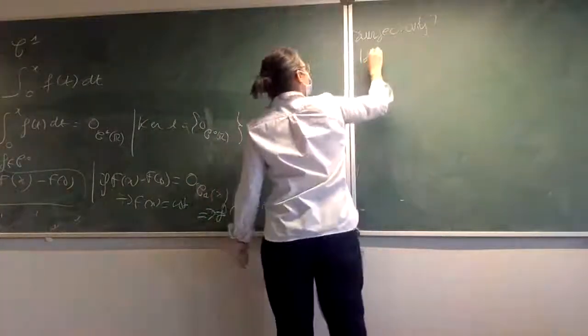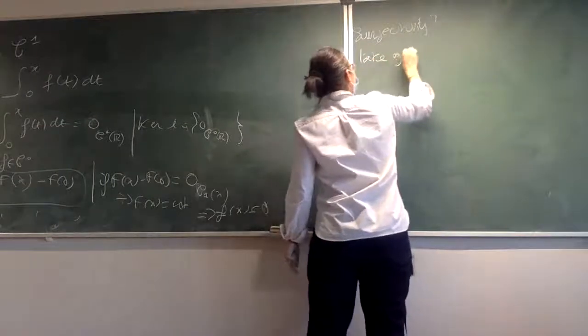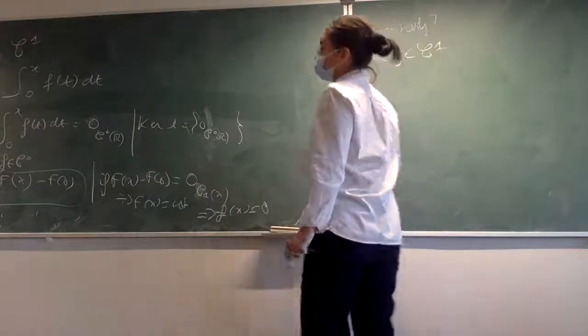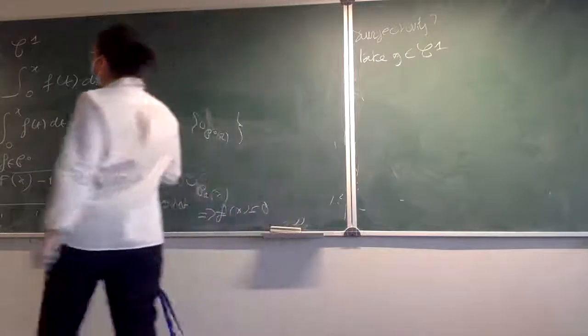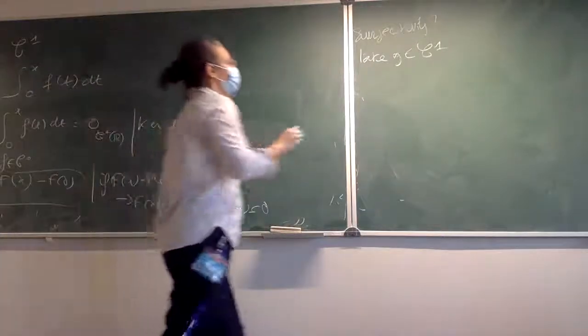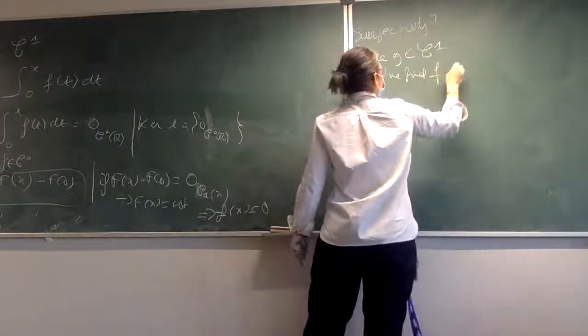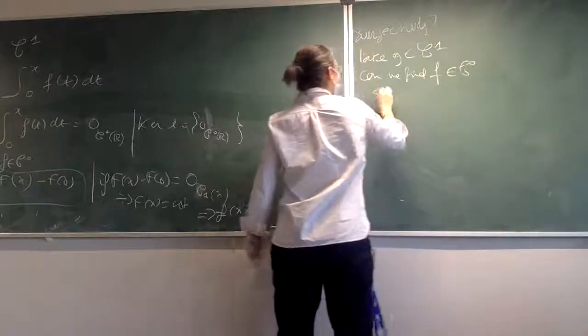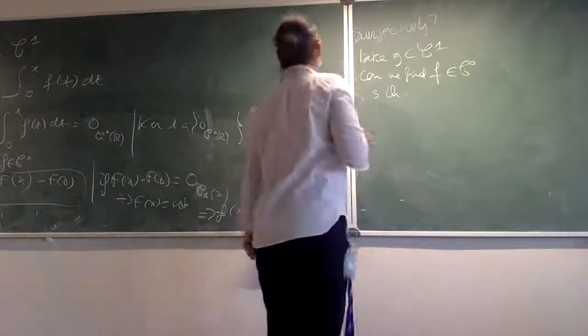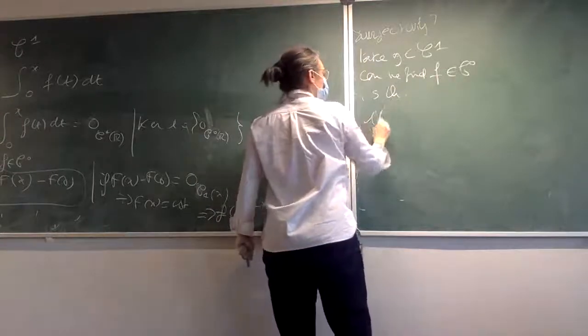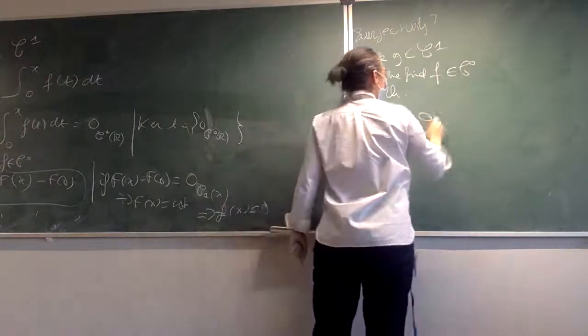Right, so surjectivity. Let's take g that is C1. Can we find f in C0 such that I of f is equal to g?